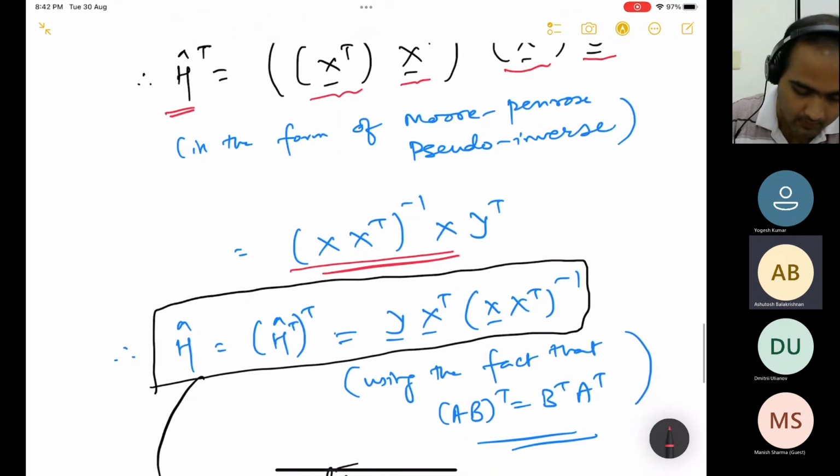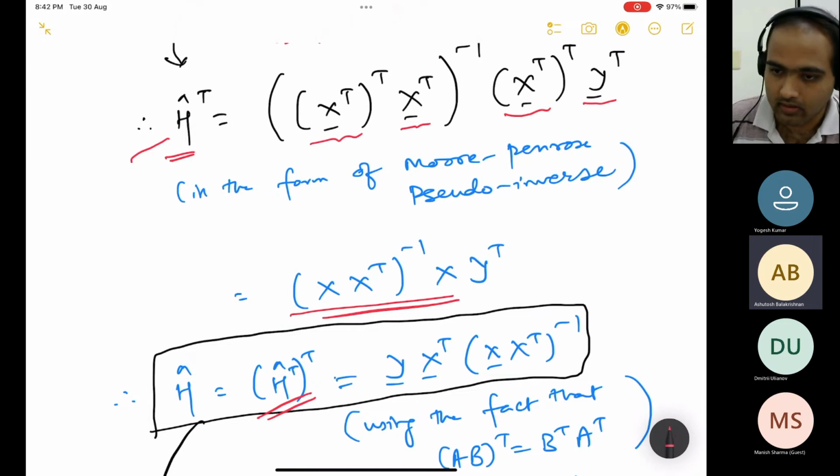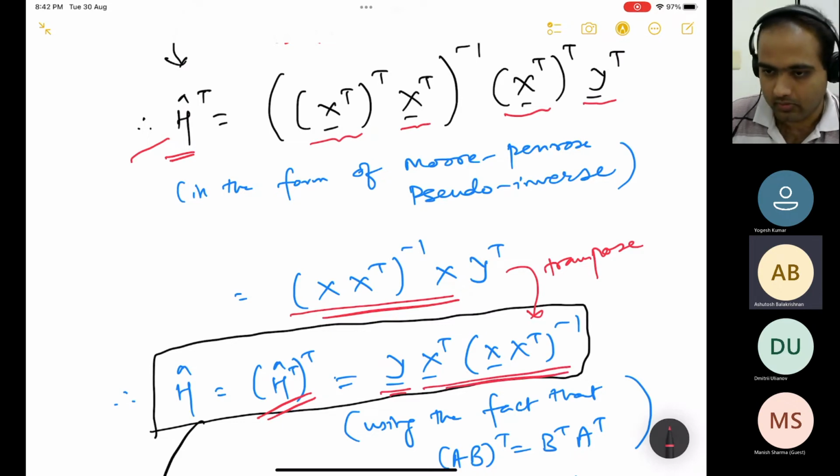Since this was h hat transpose, if we again take a transpose of this transpose, we get h itself. So if you take the transpose of this equation, you will be getting y into (x transpose x transpose) inverse.